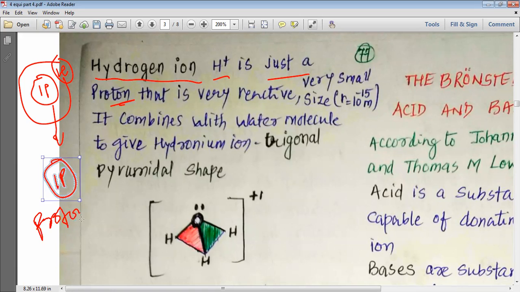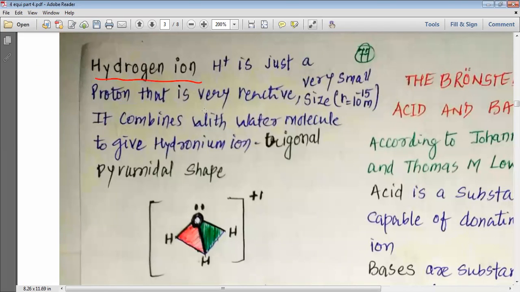So hydrogen ion is nothing but just a proton that is very reactive. At the same time, it is very small, with a radius of about 10 to the power minus 15, and it combines with a water molecule to give hydronium ion, which is trigonal pyramidal in shape.